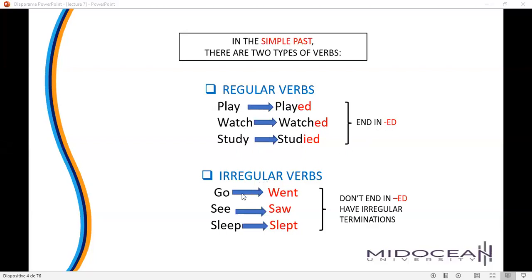Irregular verbs, here we have 3 examples. Verb to go, simple past, went. Verb to see, simple past, saw. Verb to sleep, simple past, slept. The irregular verbs don't end in ed, and they have irregular terminations. Okay?